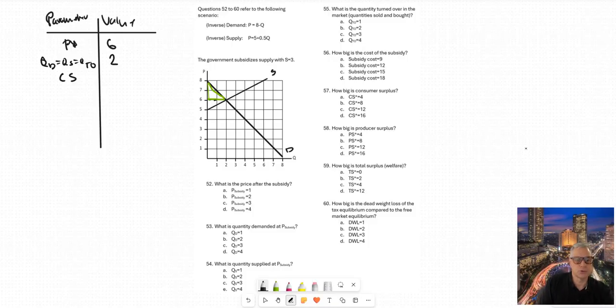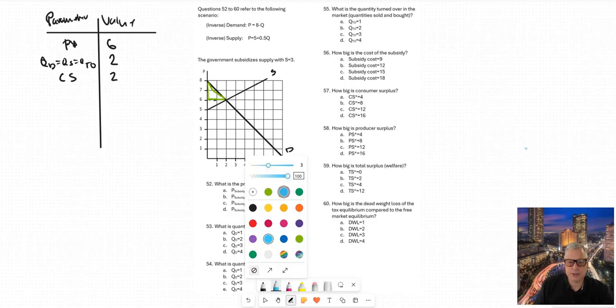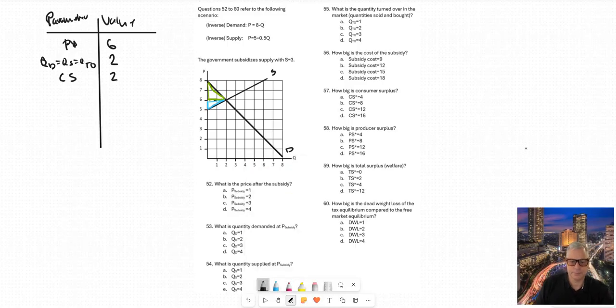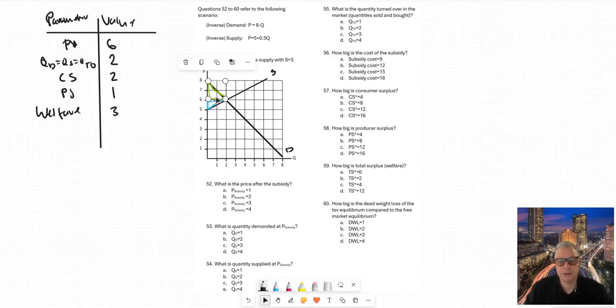So consumer surplus is 2. Now what about producer surplus? So 2 times 1, that's 2, over 2, that's 1. So welfare is 3. Okay, but now, let's just delete this again.